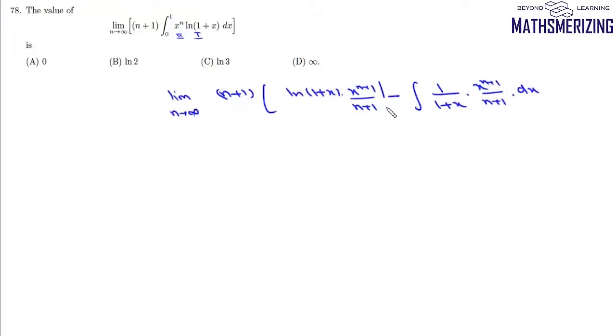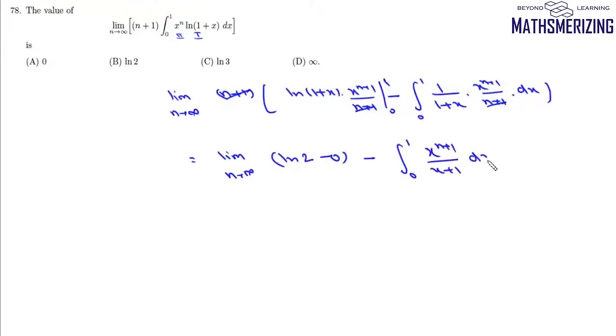Now we'll put the limits. Limits are from 0 to 1. Now here n plus 1 will cancel. So we can write this as limit n tends to infinity. Now we'll put x as 1, it will be log 2 minus 0, and then minus the integral from 0 to 1 of x to the power n plus 1 upon x plus 1 into dx.